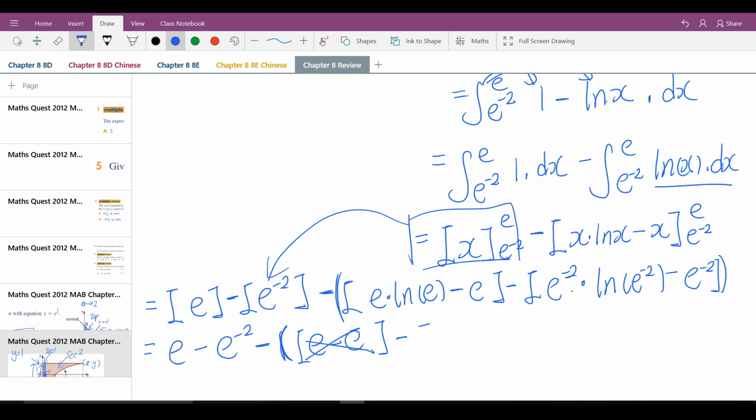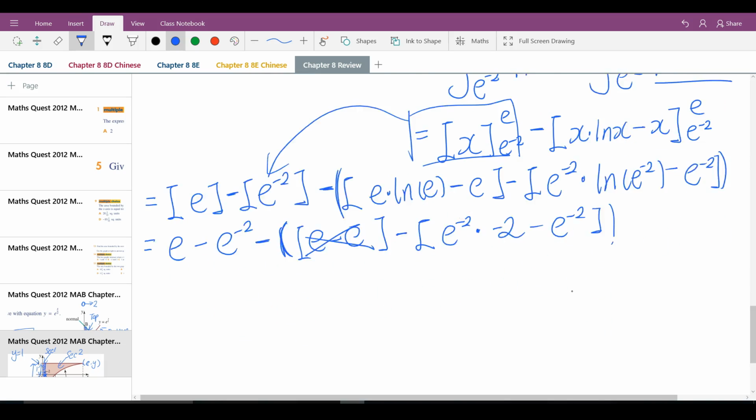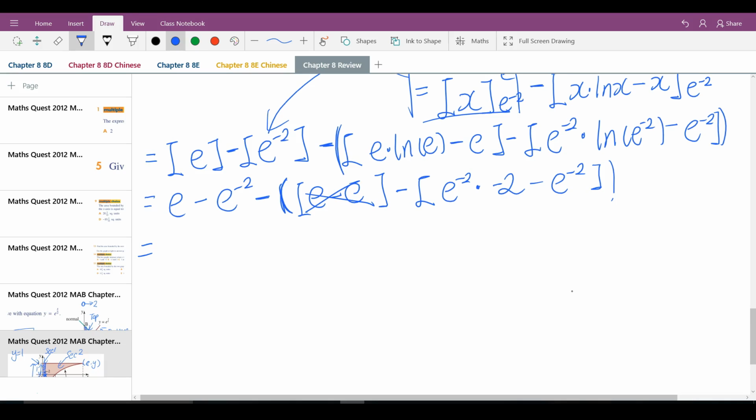The next one is e to the negative 2 multiplied by ln e to the negative 2. Now we know ln e to the negative 2 is just negative 2. So this is just e to the negative 2 multiplied by negative 2 minus e to the power of negative 2. Be careful with your algebra, work it out one by one, step by step.